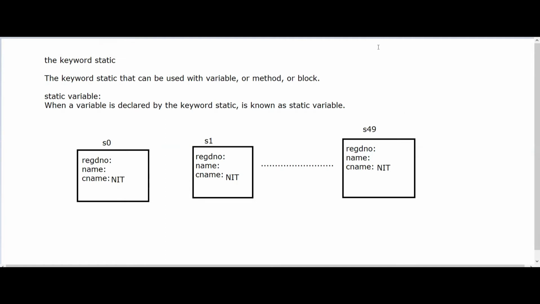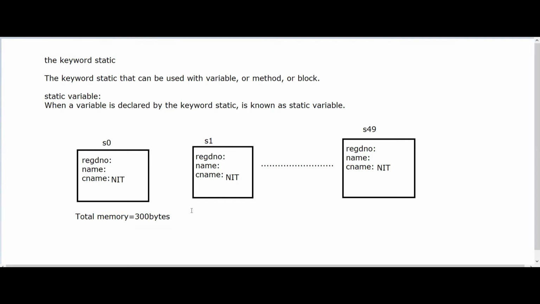That means the total memory is how much? 300 bytes. Total memory, only for the property which is common: 6 into 50, 300 bytes of memory is reserved. Yes or no? Subhangi: Yes, sir. Okay.